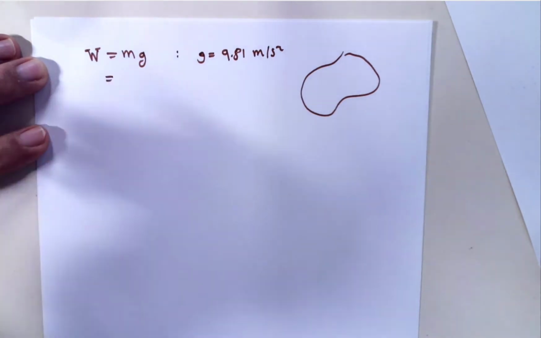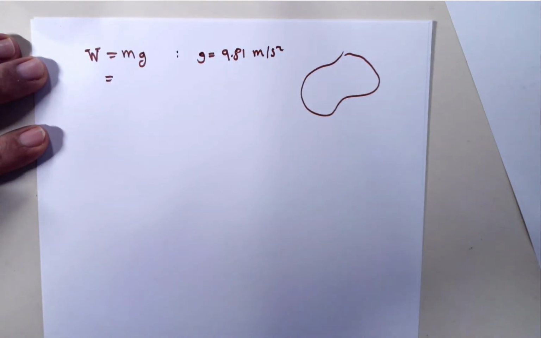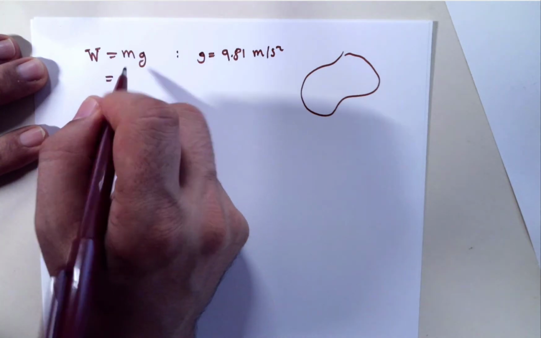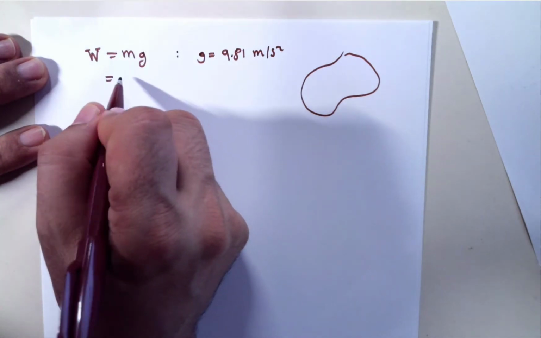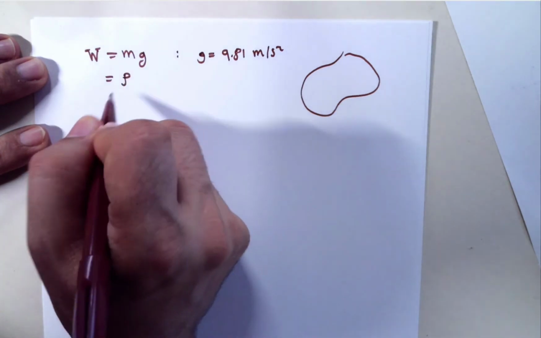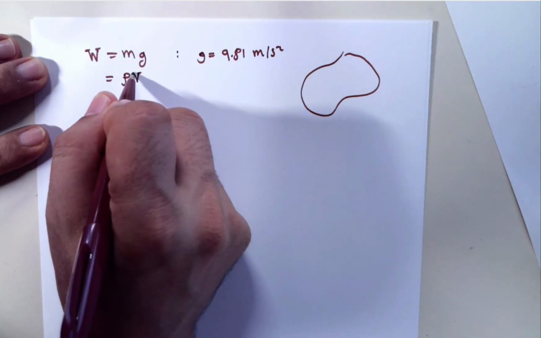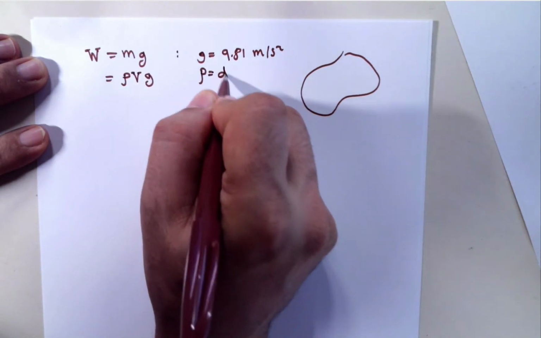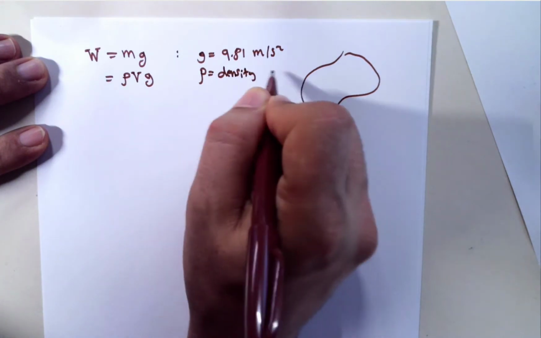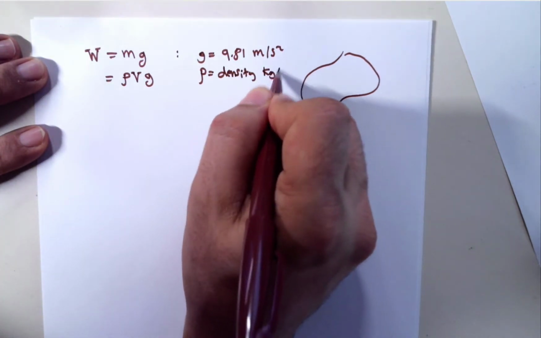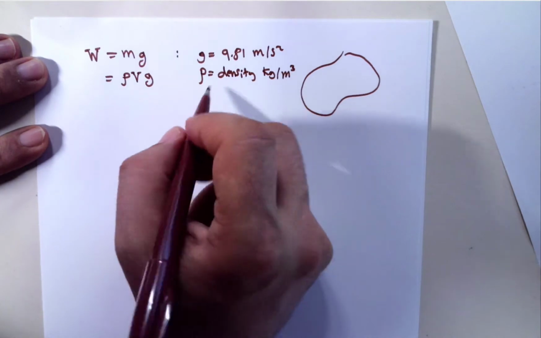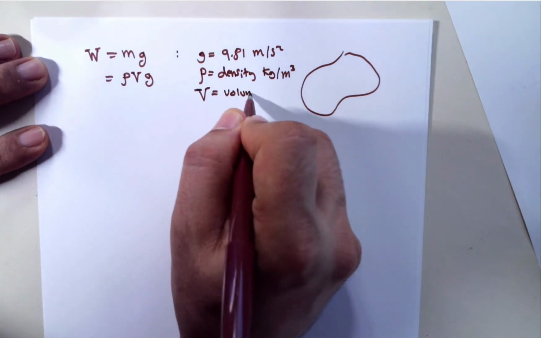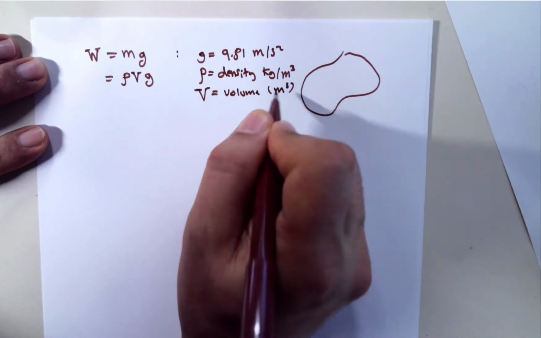Also, we can further simplify this problem, depending on the mass relationship to its volume and density. So this is equal to the density multiplied by the total volume multiplied by g, where rho is the density, which is measured in kilogram per meter cube in SI unit, and volume is the volume, measured in meter cube, right?